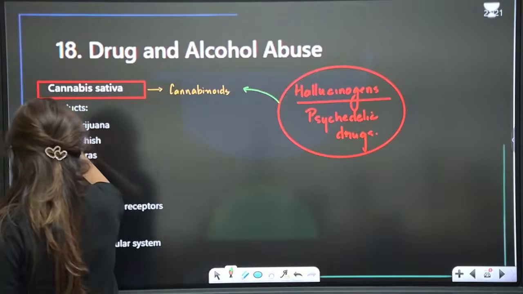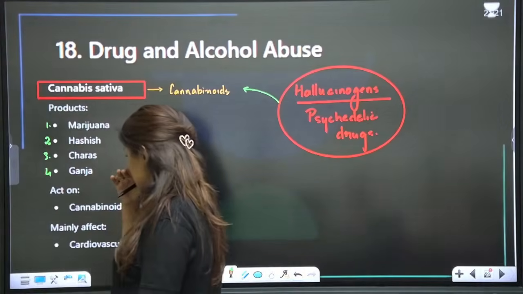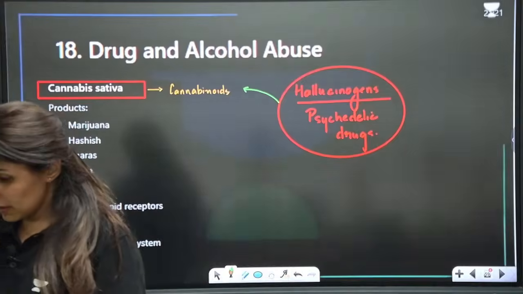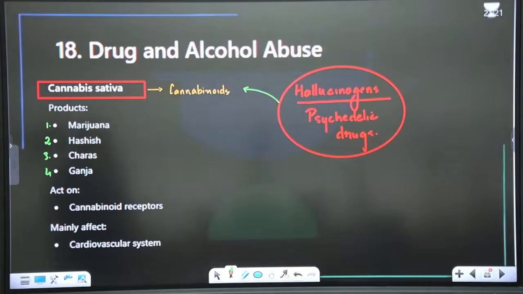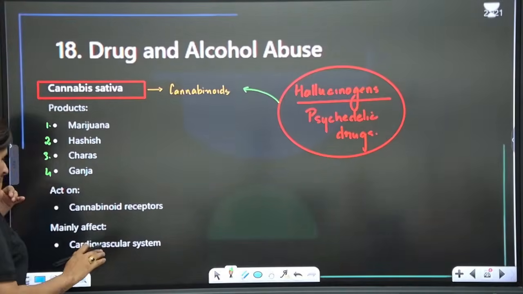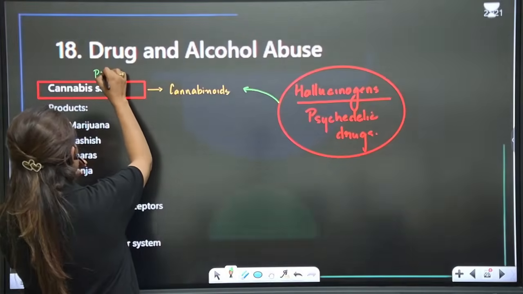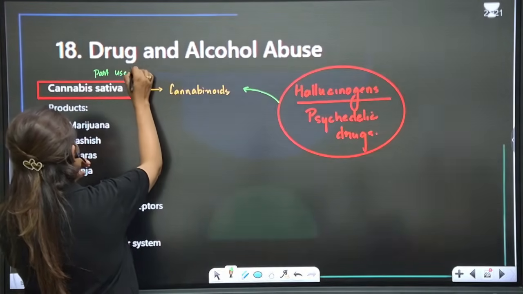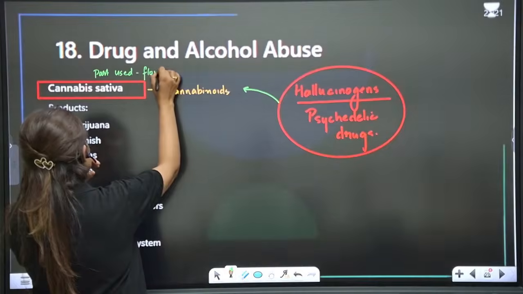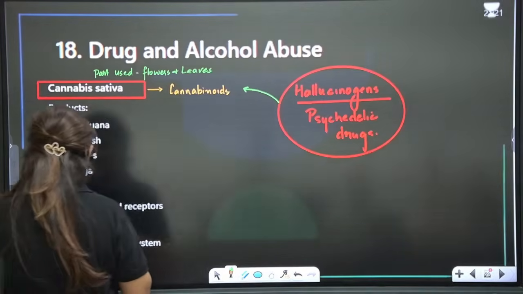See, there are different drugs that come from cannabis: marijuana, hash, charas, ganja. So these are the different types of drugs obtained from cannabis sativa. Now the point is, which is the part used? So the part of this plant used is either flowers, that is inflorescence, or leaves.